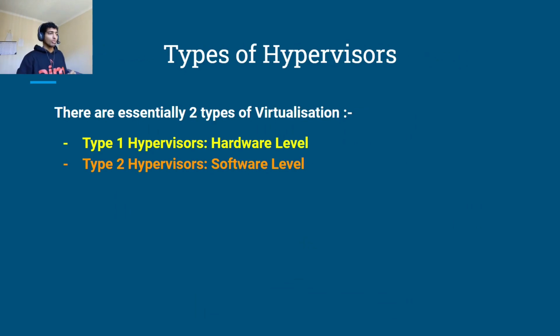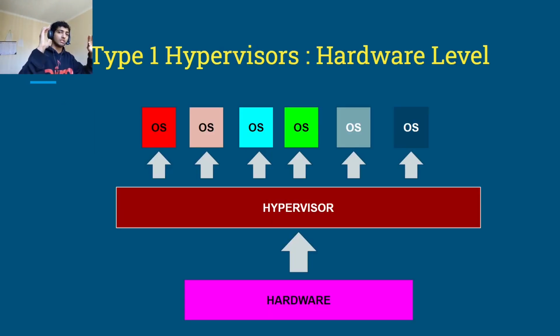Now, there are basically two types of virtualization. One's at a hardware level and one's at a software level. We look at type 1 first, because that's a bit easier to understand. Type 1 hypervisors is literally virtualization at the bottommost layer.